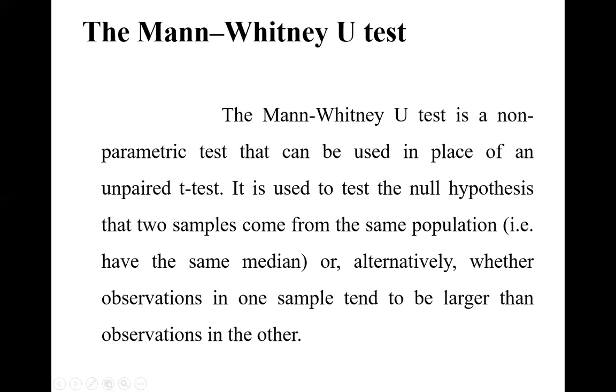Now the second test, the Mann-Whitney U-test. The Mann-Whitney U-test is a non-parametric test that can be used in place of an unpaired t-test. Unpaired means independent t-test, so we can use the terms unpaired or paired, independent or dependent. It is used to test the null hypothesis that the two samples come from the same population, that is, have the same median.